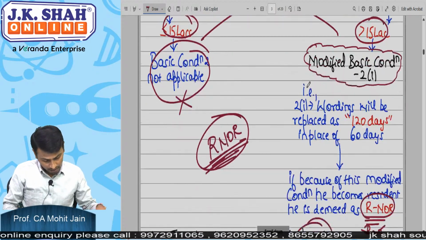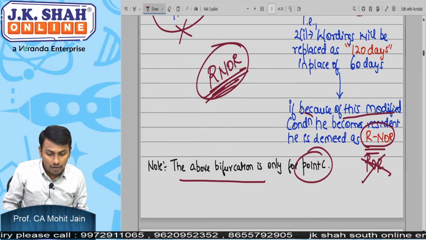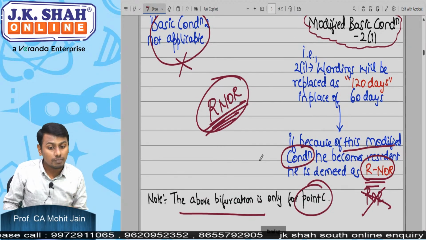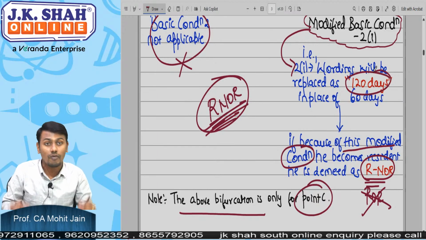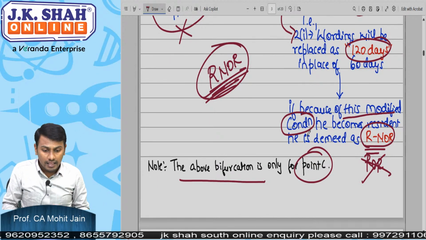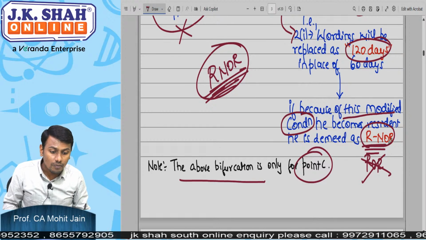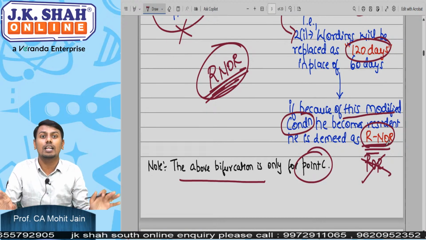RNOR. See here, what have I written? If because of this modified basic condition, that is, if because of the 120 days criteria you become a resident of India, then you are directly called RNOR. No need to check additional conditions.